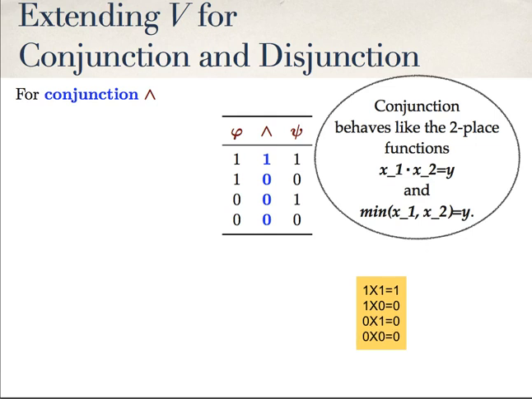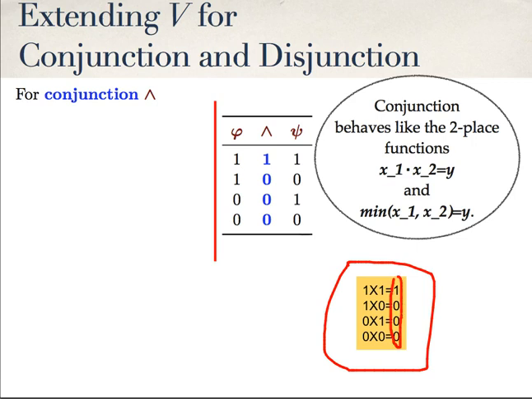So in a sense, we can see that the truth table for conjunction that we see here is quite similar to the representation of the function for multiplication. So the values of this function, 1, 0, 0, 0, are the same as the values that we get here for the conjunction.